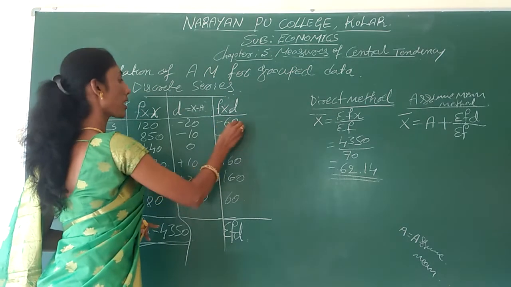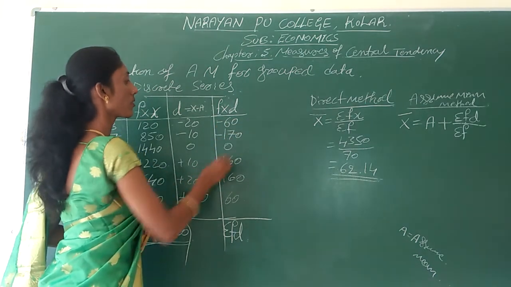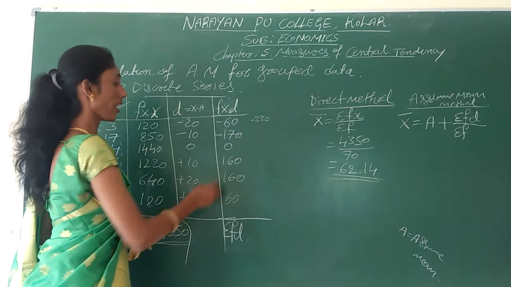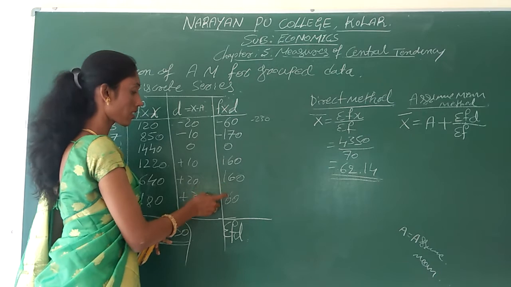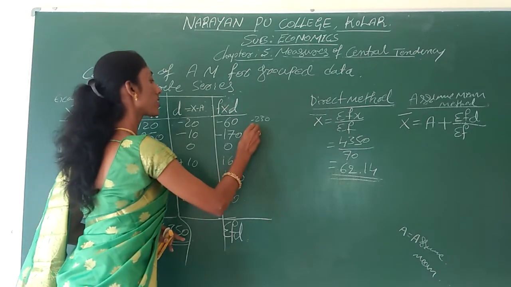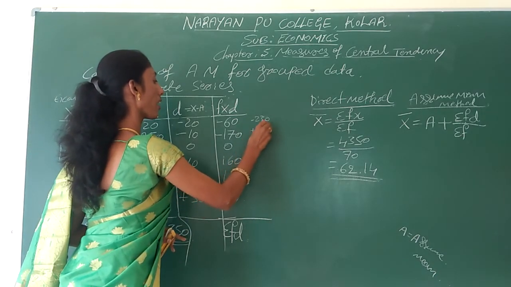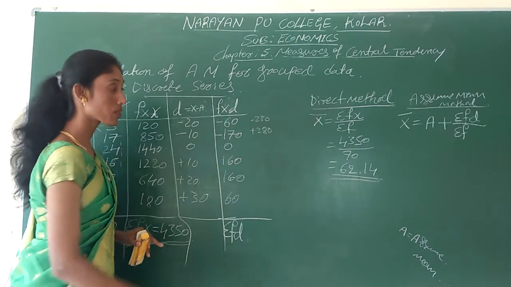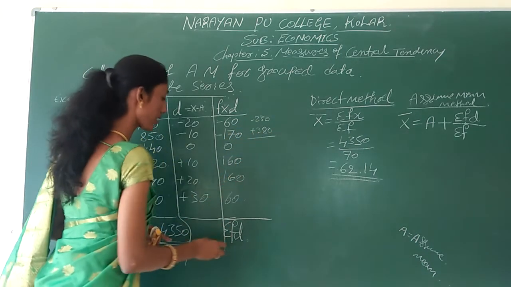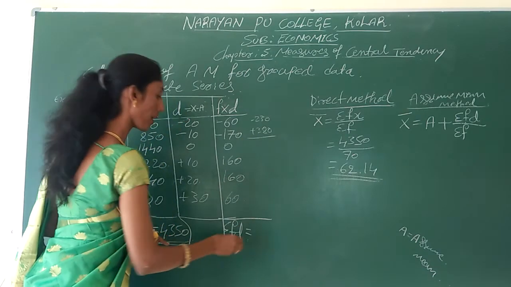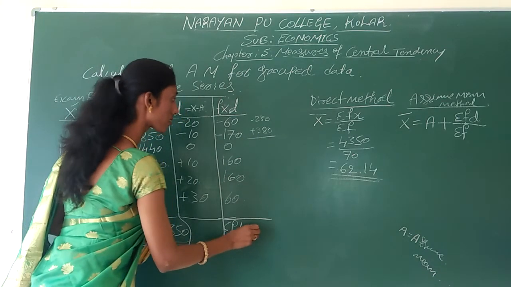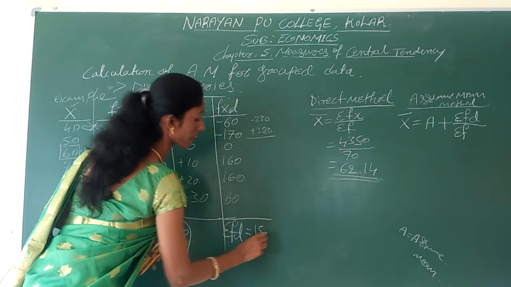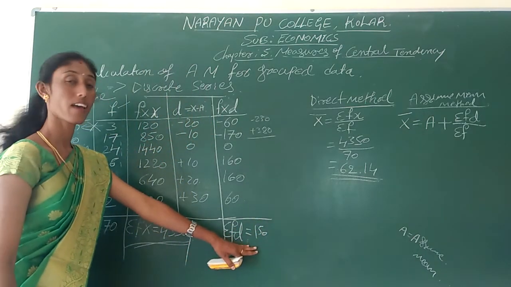Minus 60 and minus 170 gives minus 230, right? And 160 plus 160 is 320, 320 plus 60 is 380. Plus 380 minus 230, how much do we get? We get plus 150, right? 150 is the answer.